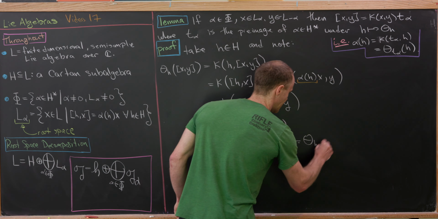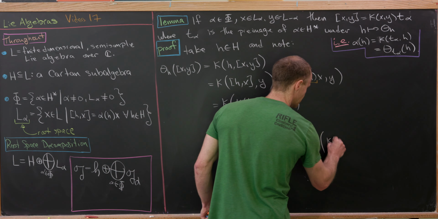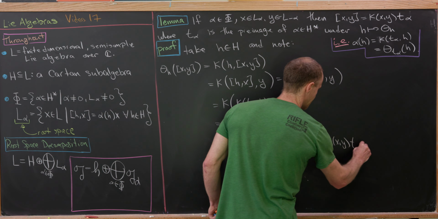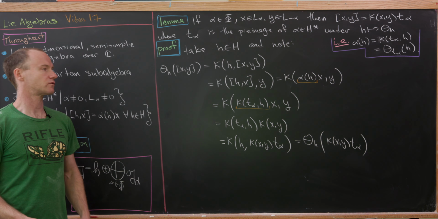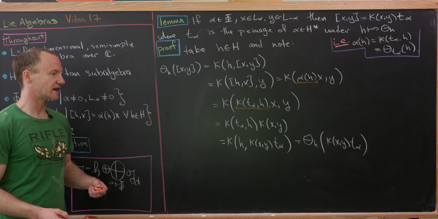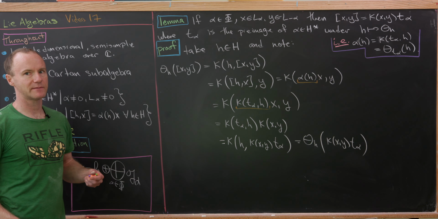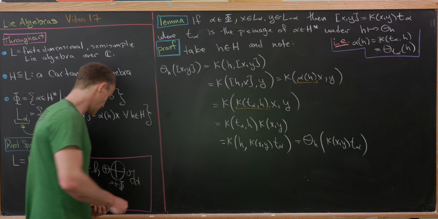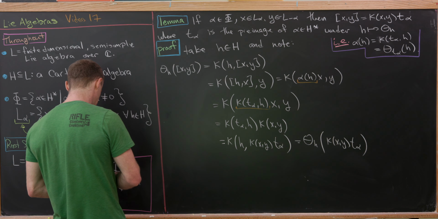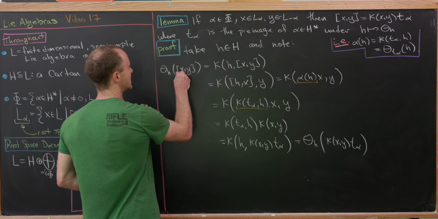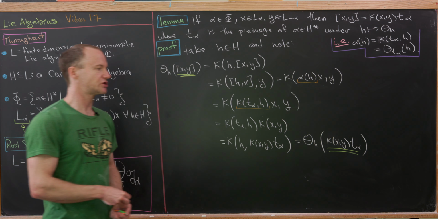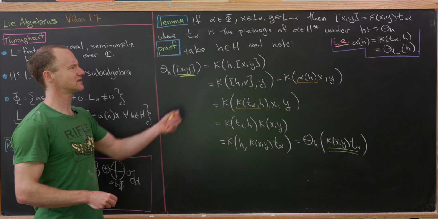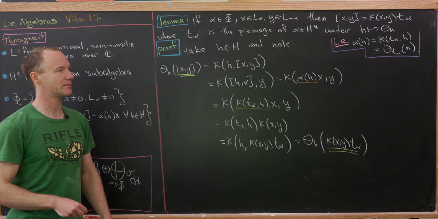It's in fact theta sub H applied to kappa of x, y times T alpha. But then let's recall that theta was an isomorphism, but that makes it injective. But it being injective means if two outputs are the same, then two inputs are also the same, meaning that those two objects are the same, but look, that's exactly where we wanted to end up.